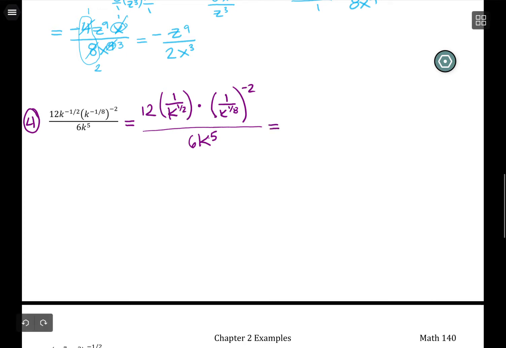Okay, so if I try and keep going with this method, let's go ahead and multiply across to make this a little easier. I get 12 over k to the 1/2, and then I have 1 over k to the 1/8 squared. Okay, so I'm not saying you have to do it this way. It does get a little messy.